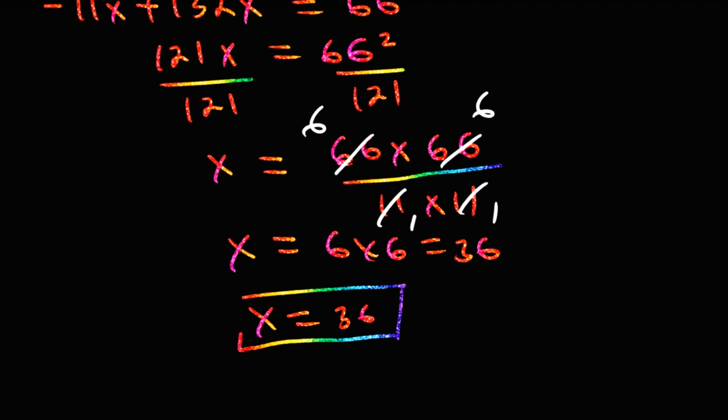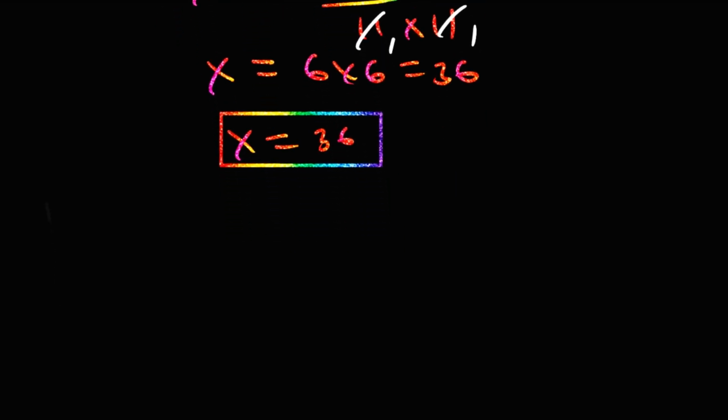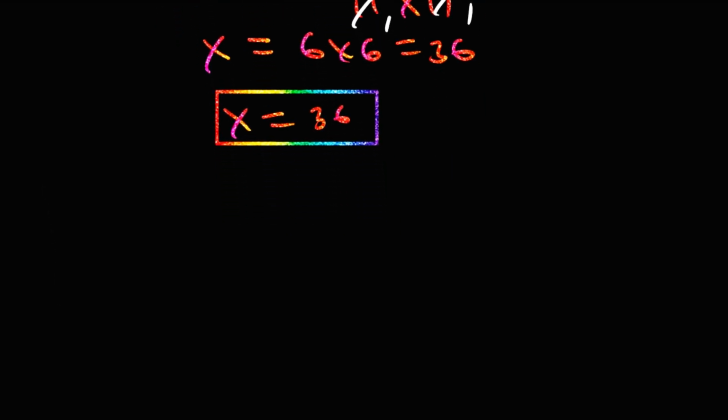So we can verify that x is actually the true value in our equation. So remember, our equation was root of x plus the root of x minus 11 equals 11.